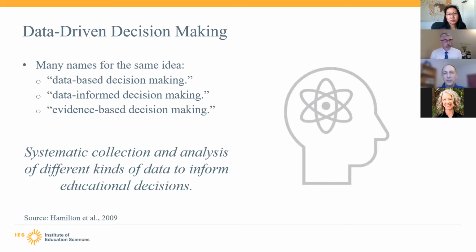I don't want to get too rooted to one term, but the key idea here is, whatever term you apply to it, we're talking about a systematic process where data are collected and analyzed regularly as part of the decision-making process to make education decisions. So we can get that out of the way at the top. You'll hear this go by many names, but we're looking for something regular and systematic that flows in and is an integral part of decision-making.